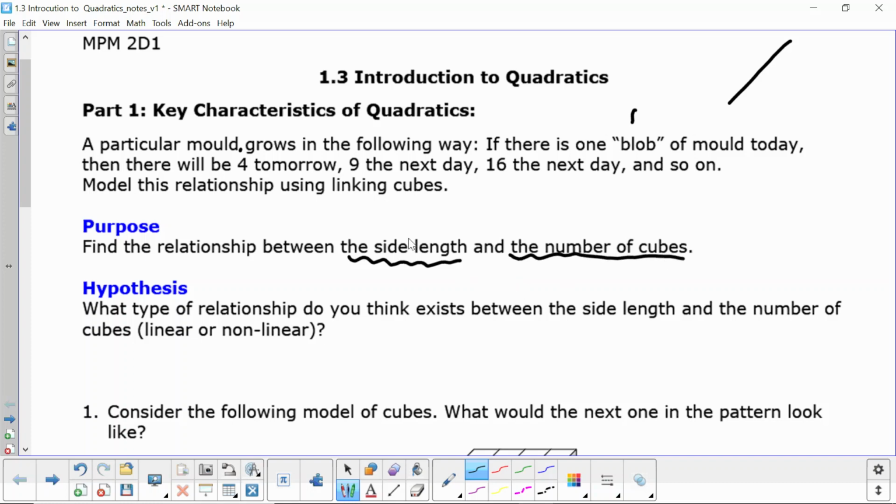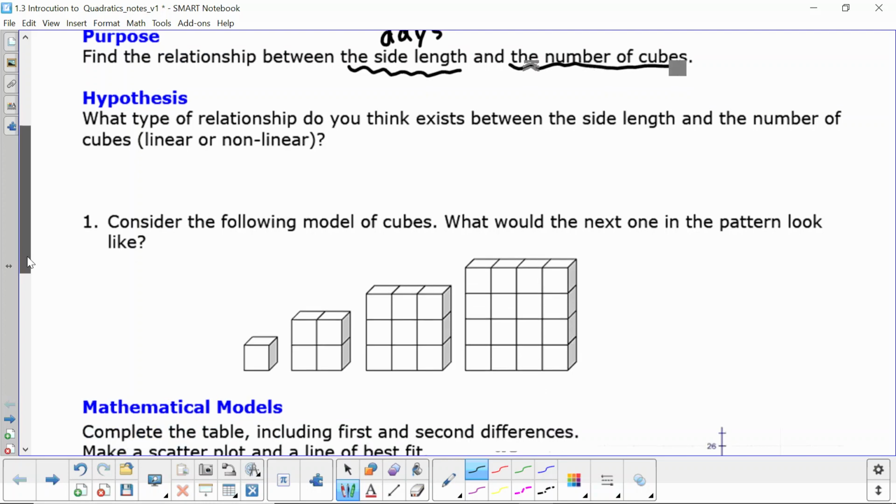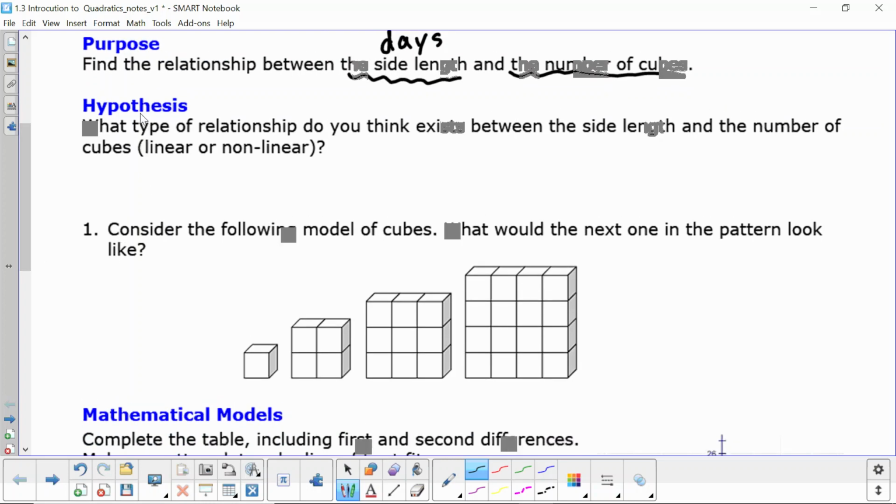And we want to model the number of days with the side lengths and the number of cubes, to model the number of mold. So we are going to see if it works. My hypothesis is, what type of relationship do you think exists between the side lengths and the number of cubes?